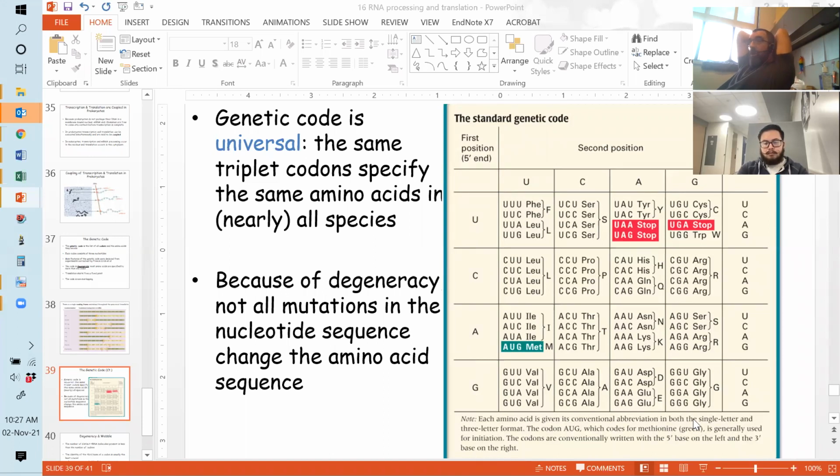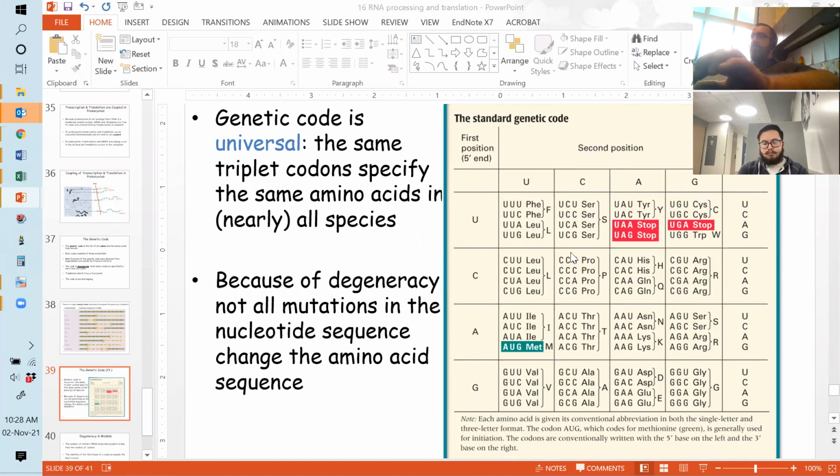Right, so we have a lot of redundancy, right? And this is a good thing, because essentially you can have mutations in a coding sequence that don't change the amino acid sequence of the protein. And so if you look throughout this table, the way you read it is this is the first base, the one along the top is the second base, and then you'll see the third base kind of actually in there.